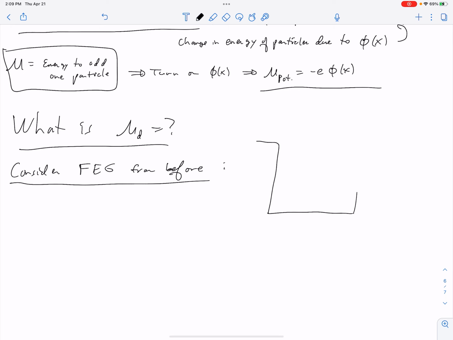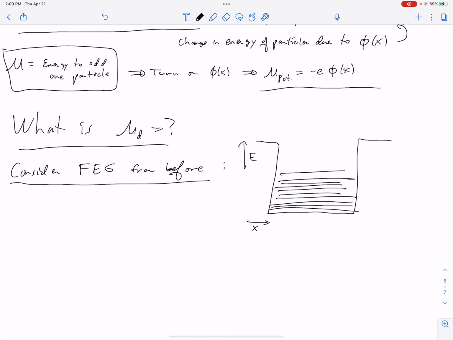If this was energy, and if this was x, then we just had all these states. And the electrons are living in all these states, and it's just filled up to the topmost one, which is the Fermi energy. And so from before, we know that the Fermi energy is mu, the chemical potential.